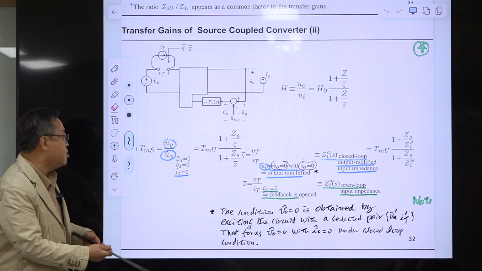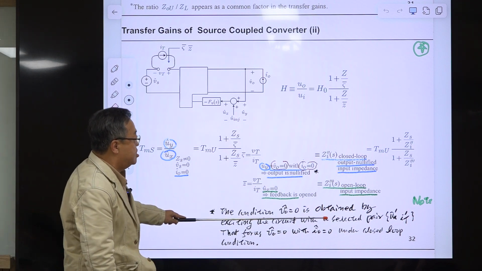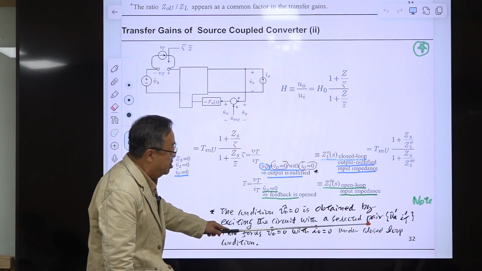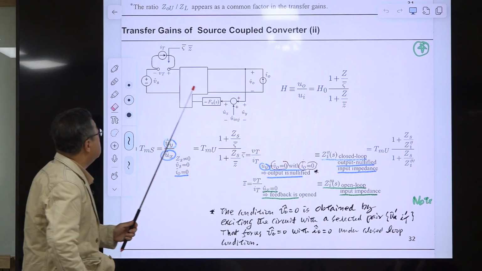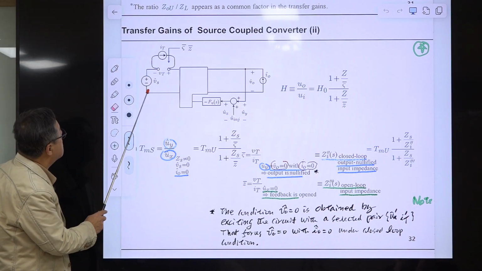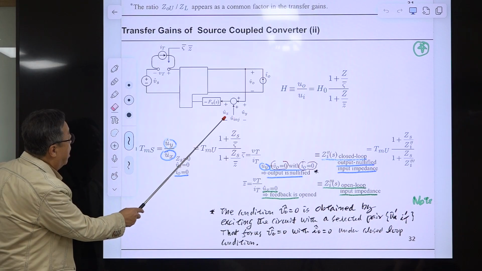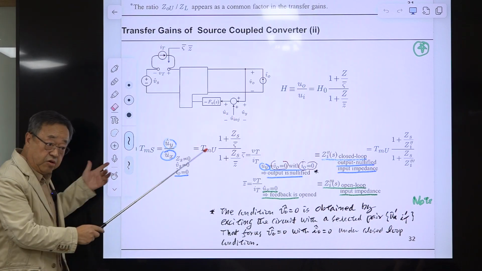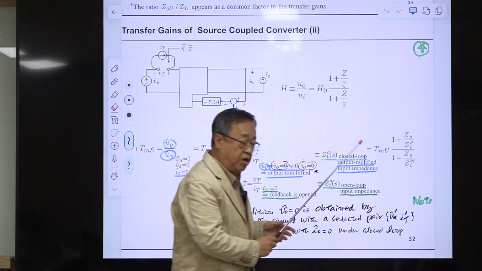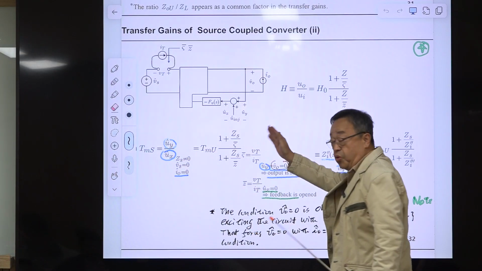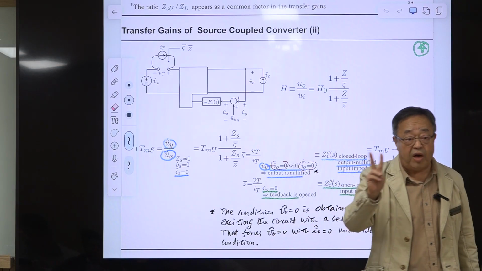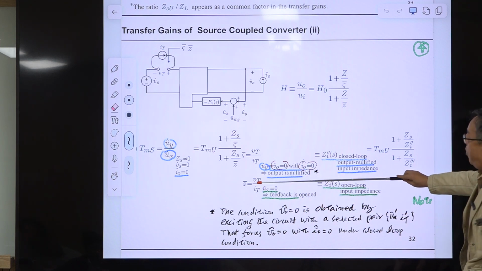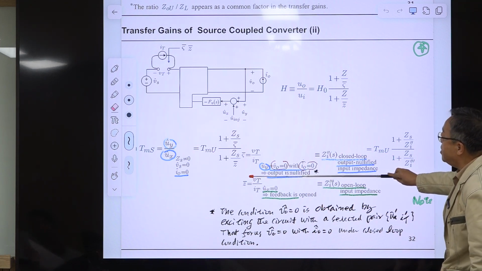So the condition that the output is 0 is obtained by exciting this circuit with a properly selected pair of UX and IT. We have one input here, another excitation here. With two excitations, you can always create this output null condition. You don't need to find out the null condition, just assume it. This is defined as output nullified.